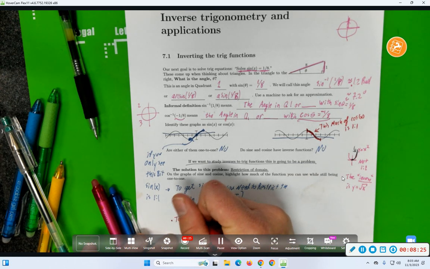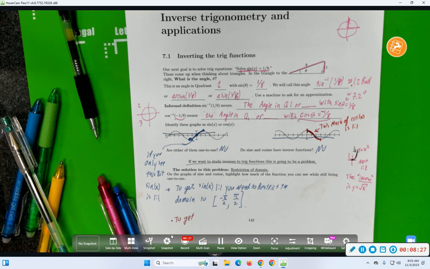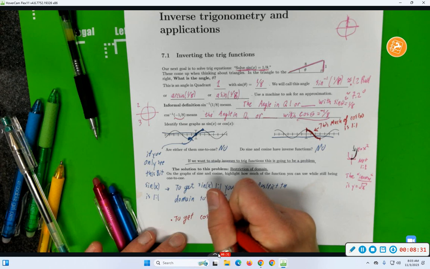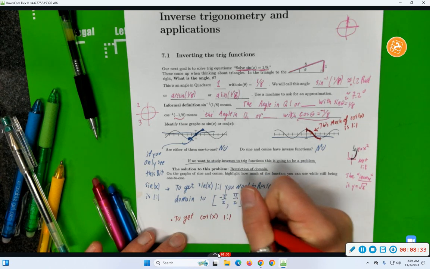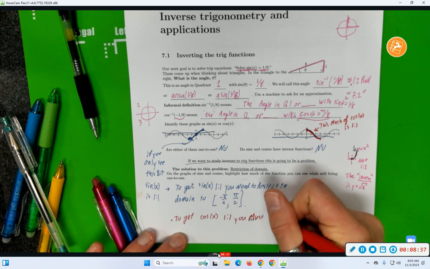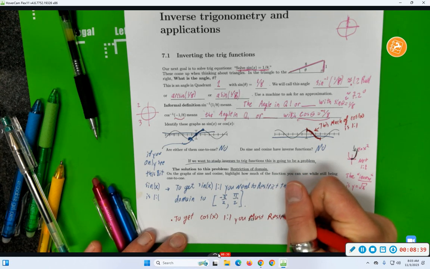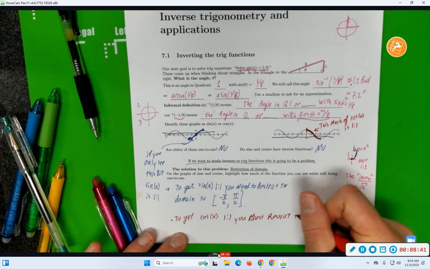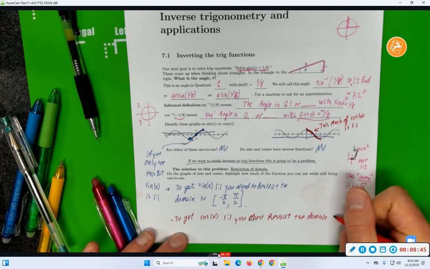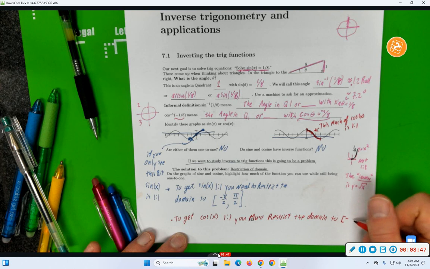So, to get cosine of x one-to-one, you must restrict the domain to 0 to pi.